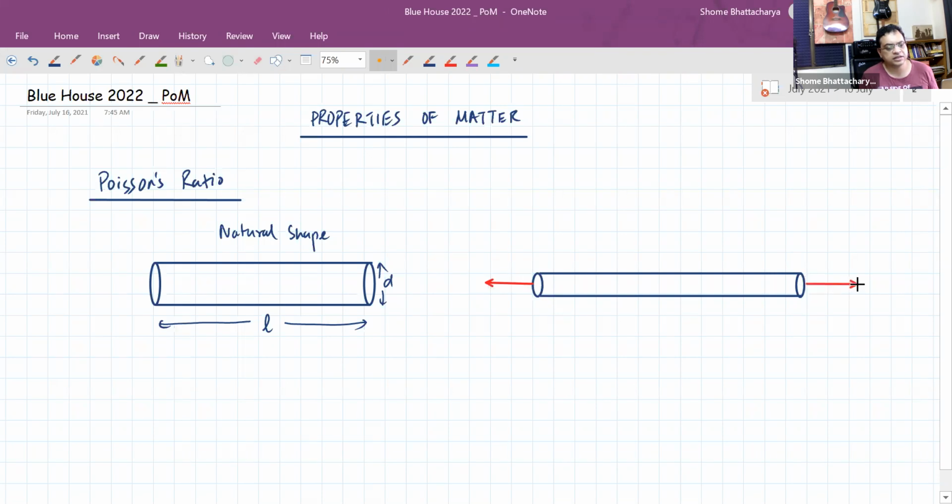So if it is under tensile stress or longitudinal stress, there is a relationship between how these quantities are changing. And that is called the Poisson's ratio.